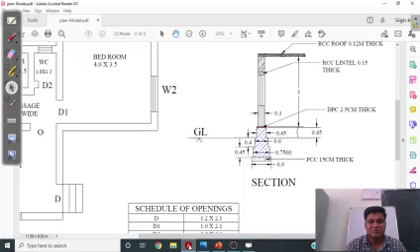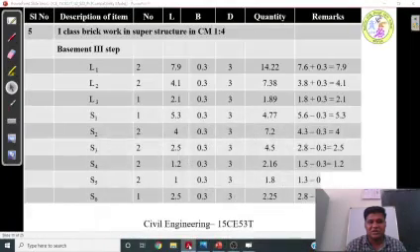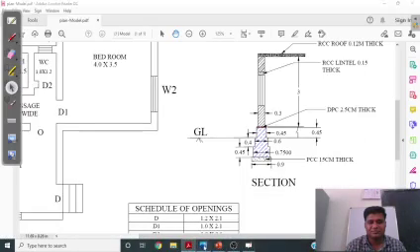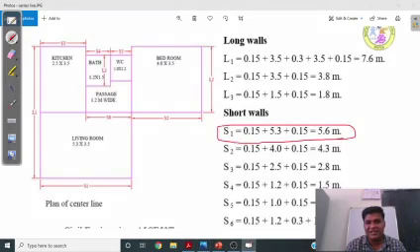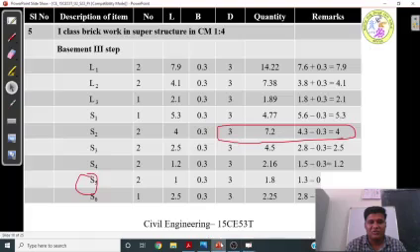Similarly, the short wall S1. The center line length of S1 is 5.6 meters. There is only one wall of S1.